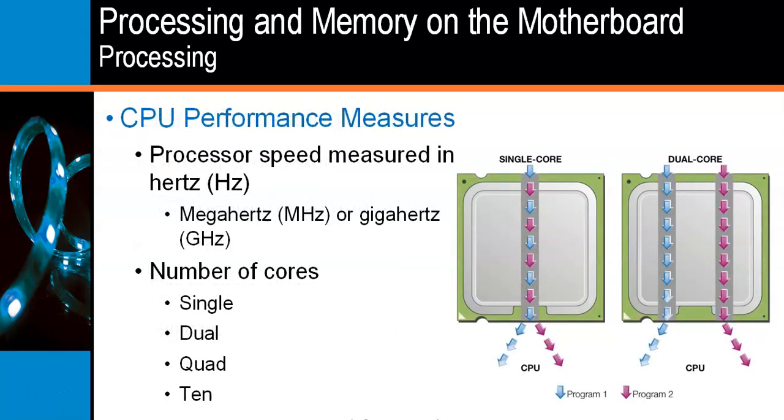The CPU basically is measured in terms of its speed and the number of cores that it has, okay? And once you purchase a device, either as an individual or on behalf of a corporation, you don't have a whole lot of control over either of these, and it's something to be aware of. Not only because they're important to you, but also you have to understand why they're important to you.